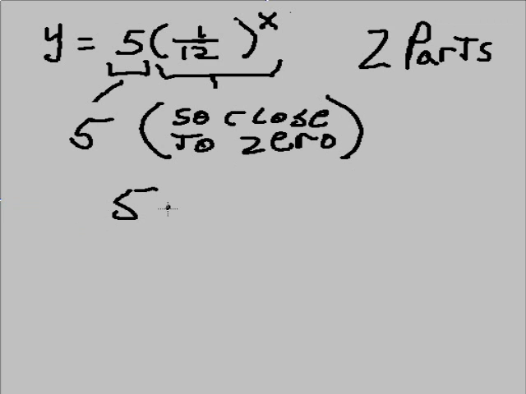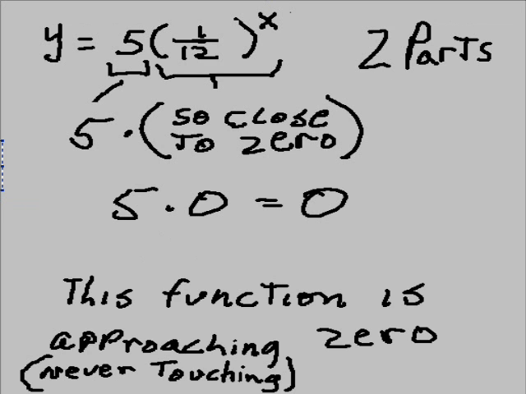Tell me, what is 5 times 0? The answer is 0. This function is approaching, never touching, but approaching 0. What is it approaching? 0. But it's never touching 0.